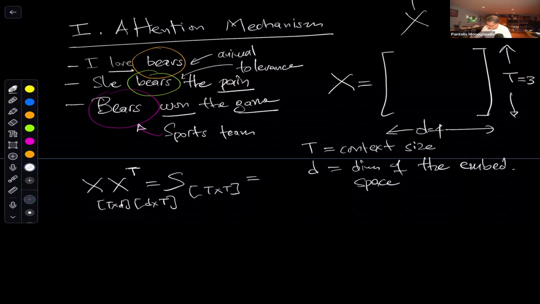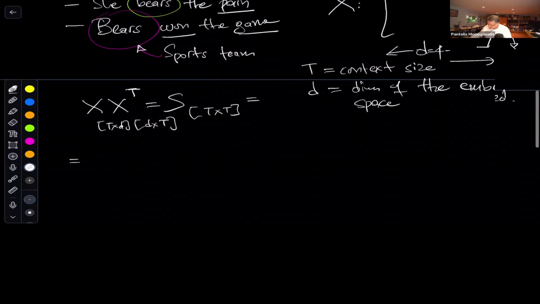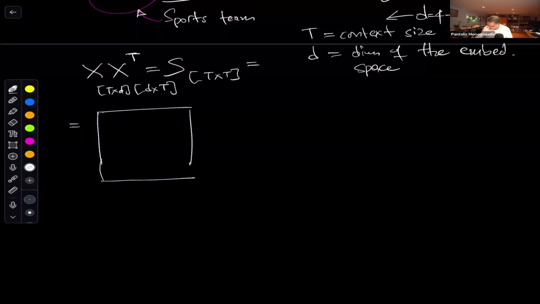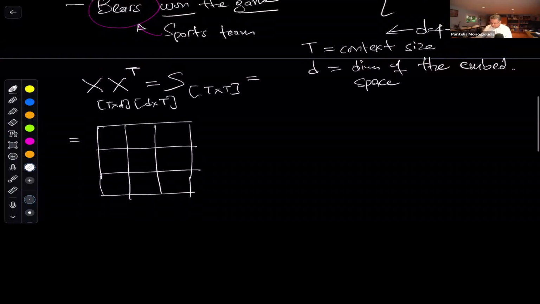So we are going to plot it over here for the numbers that we have available to us. So we have effectively a 3 by 3 matrix here, because T is equal to 3 in our example.